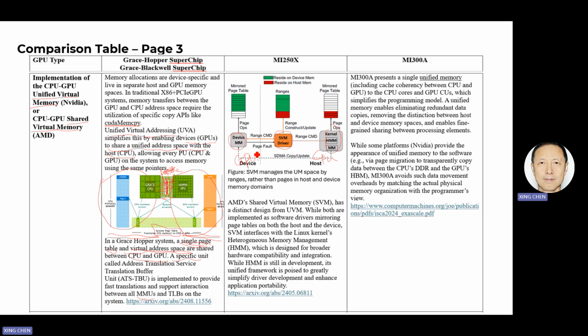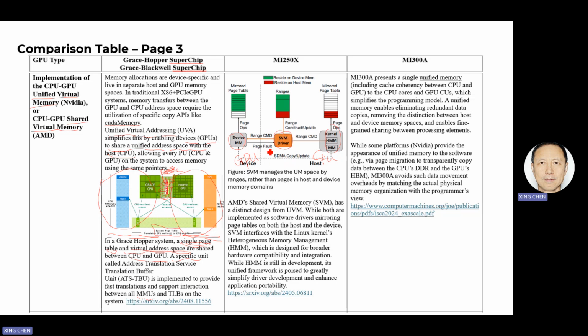But be careful here, it has two page tables. You have one side for GPU, the other side for CPU. You have two page tables because you have two memory hierarchies, and this SVM is the one which lives in between the two page tables and presents to the programmer the view of only one shared virtual memory.